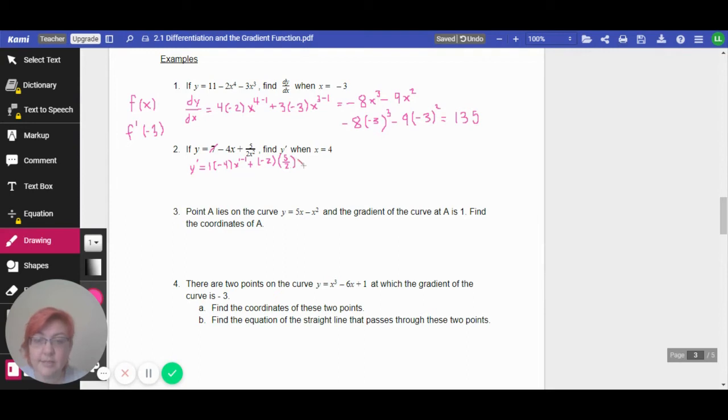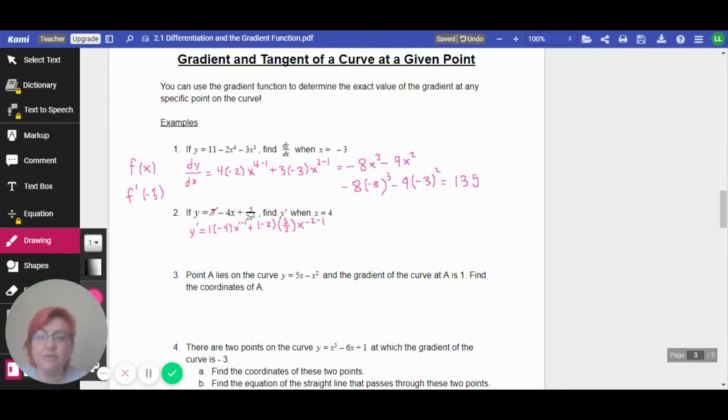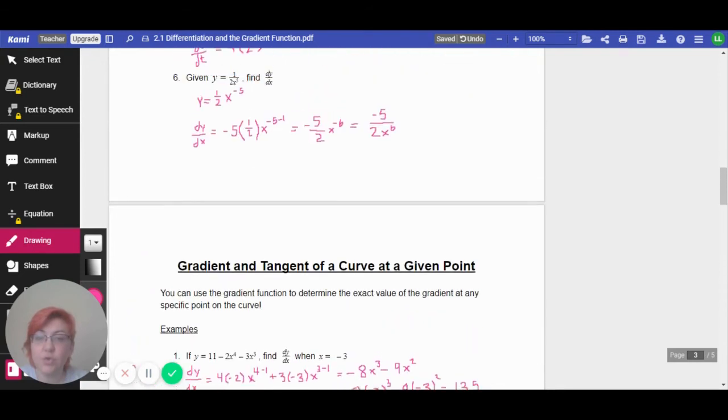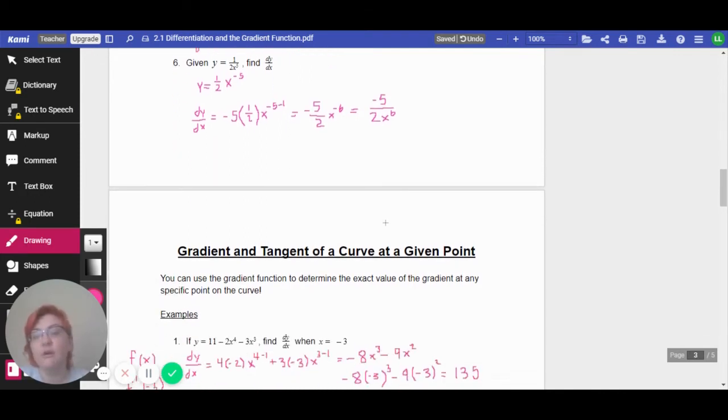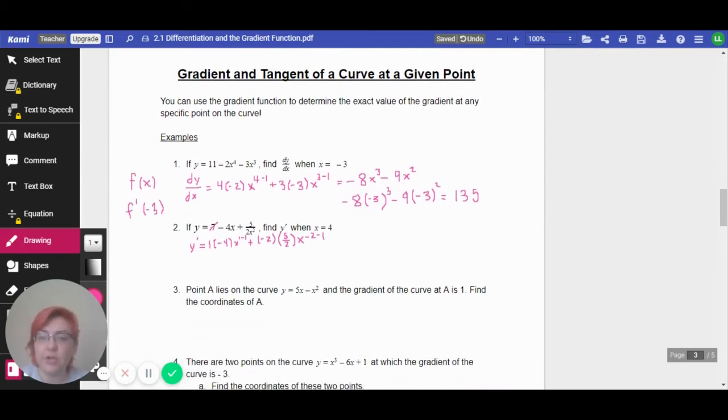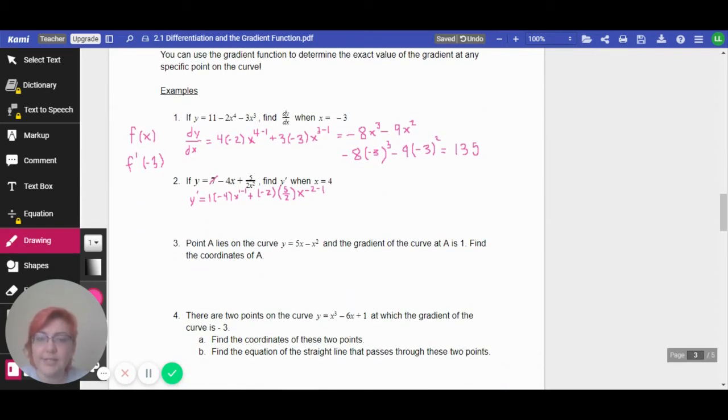And then x to the -2 minus 1. Now, if that's hard for you to follow, kind of doing that as you go, please feel free to do what we did up here and actually change the way the function is written before you start finding the derivative or the gradient function. All right.